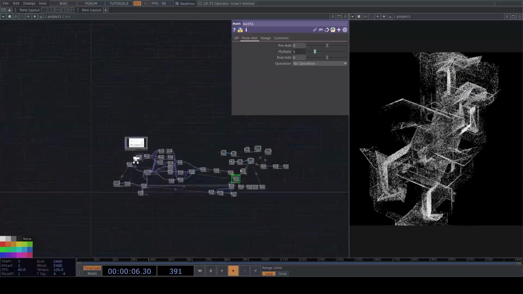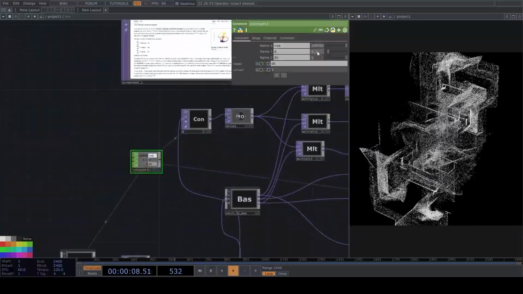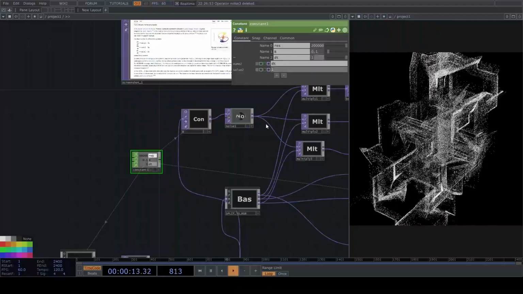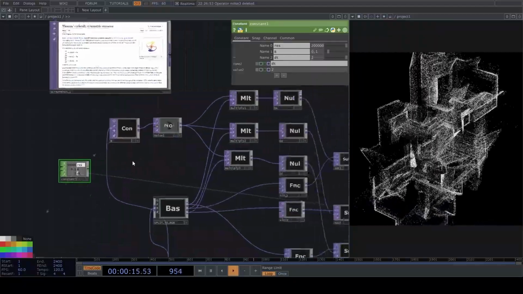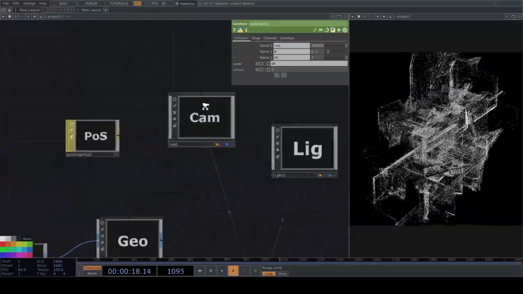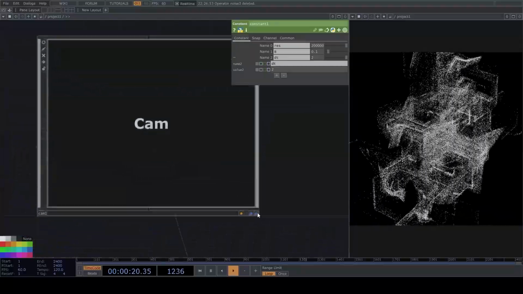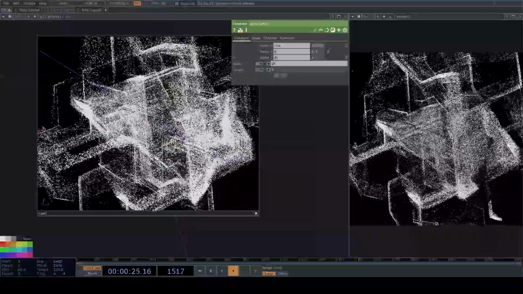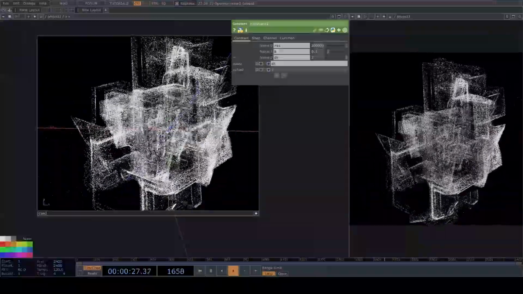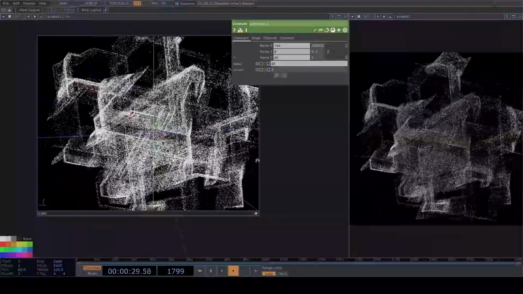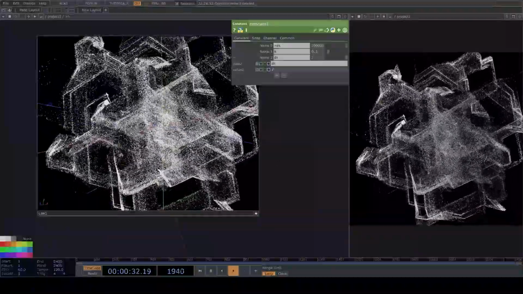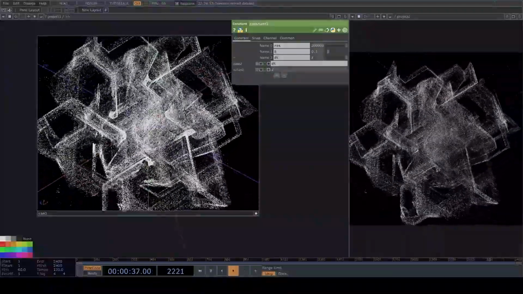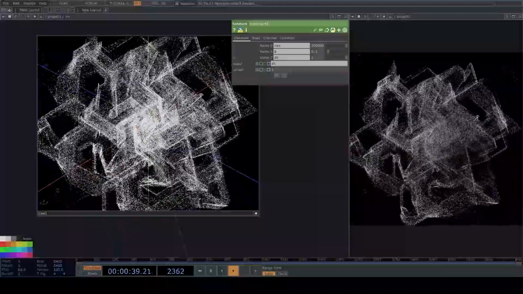Let's speed it up a little. And I think this would be very nice to see how this exact technique could be applied to different attractors.